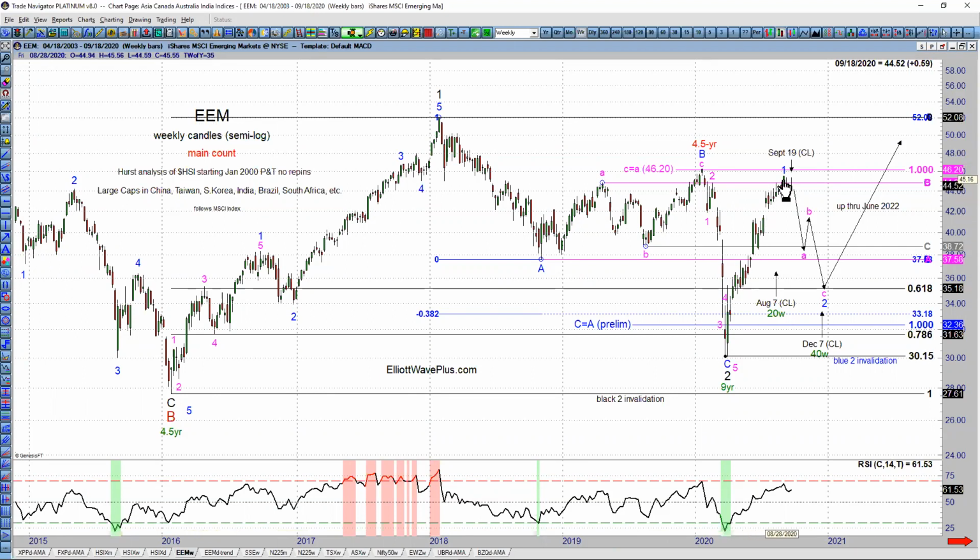EEM has benefited from the stronger dollar since March, and since the March low. I'm sorry, the weaker dollar. EEM has benefited from the weaker dollar since the March high in the dollar. And it's time for a correction, in my opinion, down through late in the year.